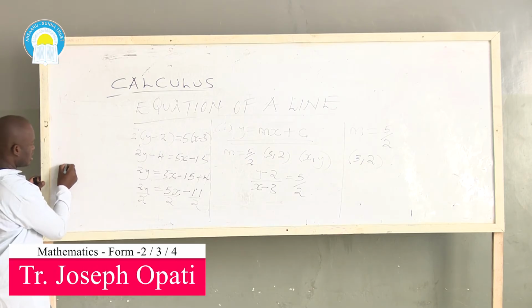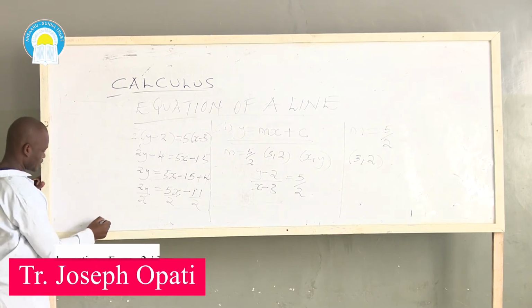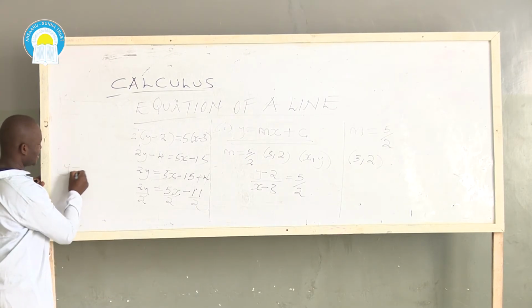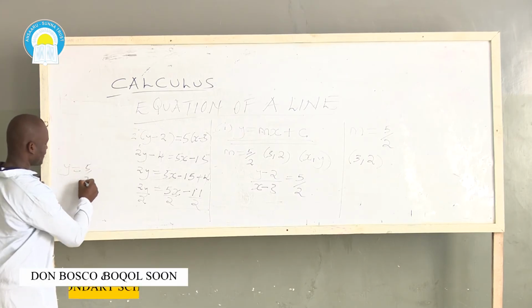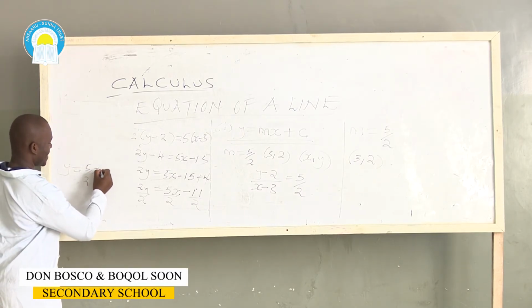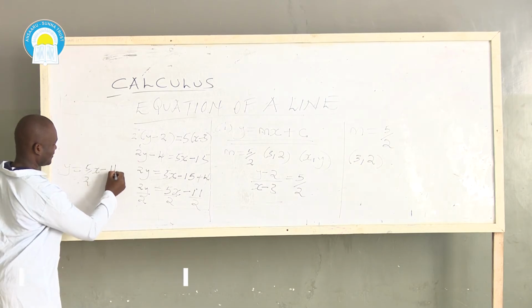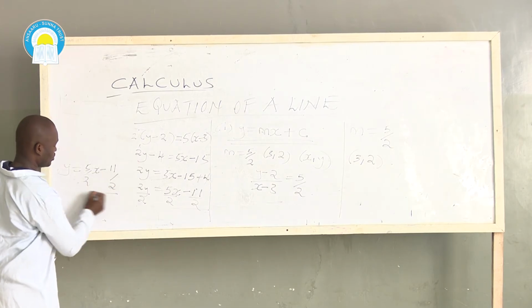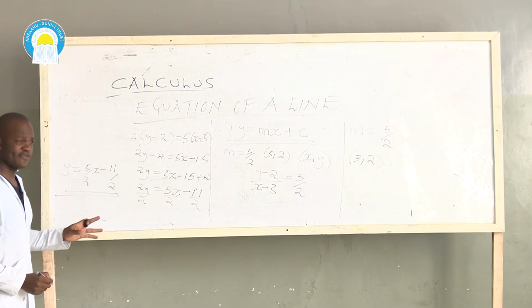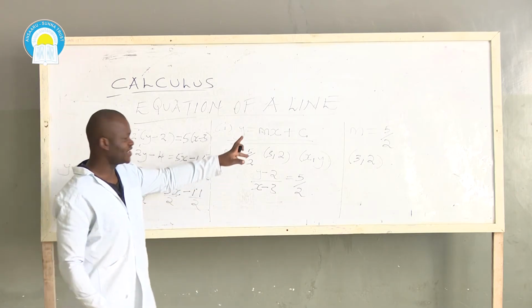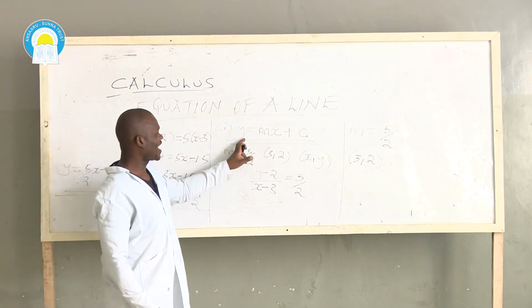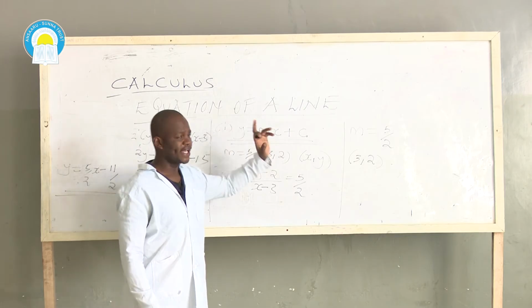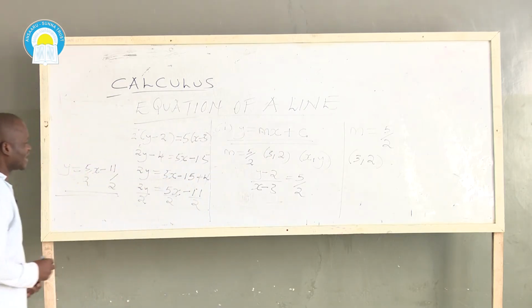So what do you end up with? You end up with y equals 5/2 x minus 11/2. So now we have our equation in the general form of y equals mx plus c.